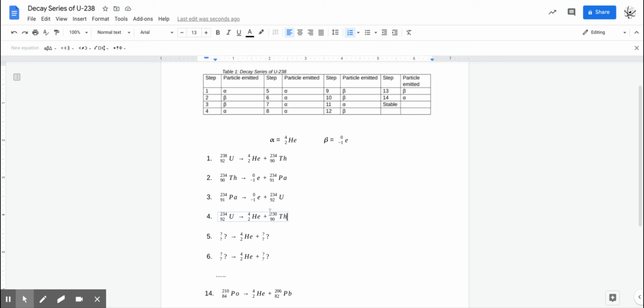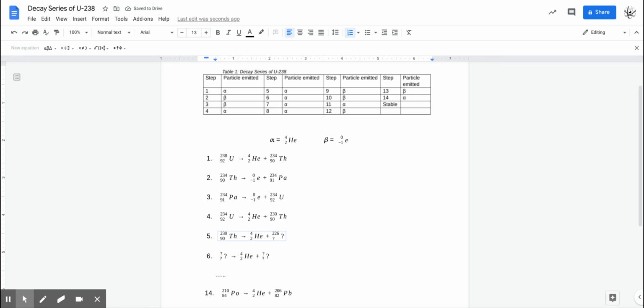Since this is my daughter at the end of step 4, it's also my parent at the beginning of step 5. So thorium-230 is my parent in step 5, and my table tells me that step 5 is an alpha decay. So we're going to spit out the alpha particle and emit that first. So it's on the right side of the arrow, and we'll solve for my new daughter atom. So for the daughter's mass, 230 minus 4 is 226.